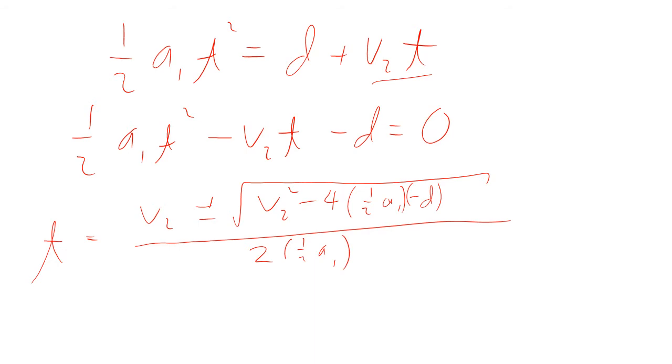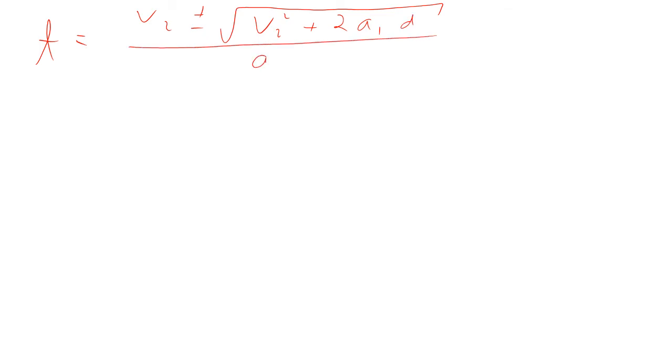So in other words, t equals v2 plus or minus the square root of v2 squared plus 2a1 times d, divided by a1.